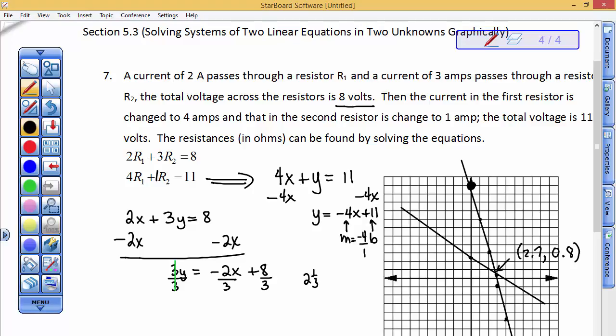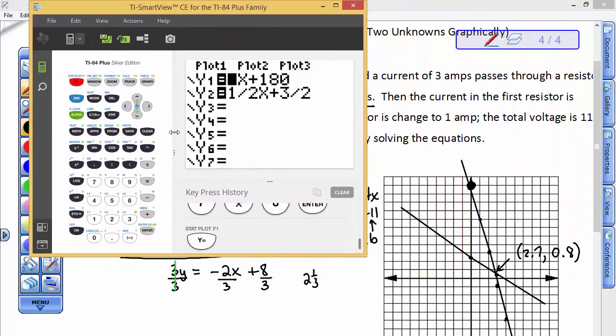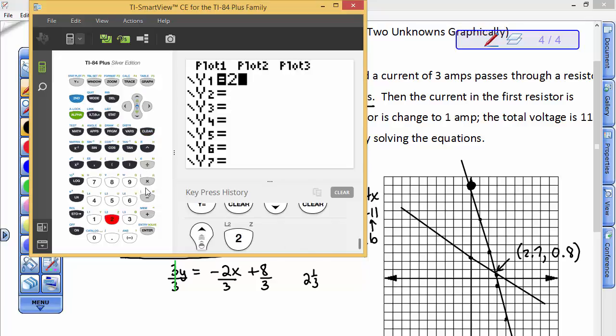So the equation that I did, let's see, here's my first equation. It's y equals negative 2 divided by 3x, negative 2/3 x, plus 8 divided by 3.